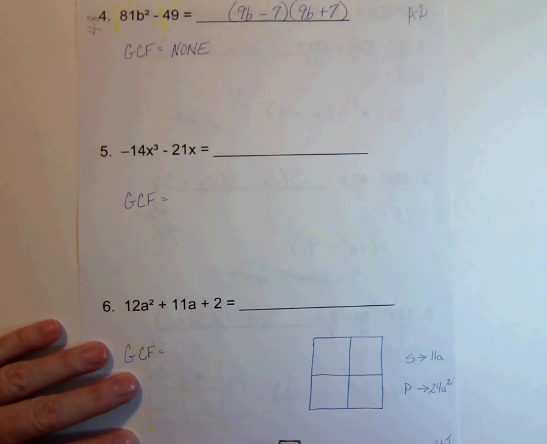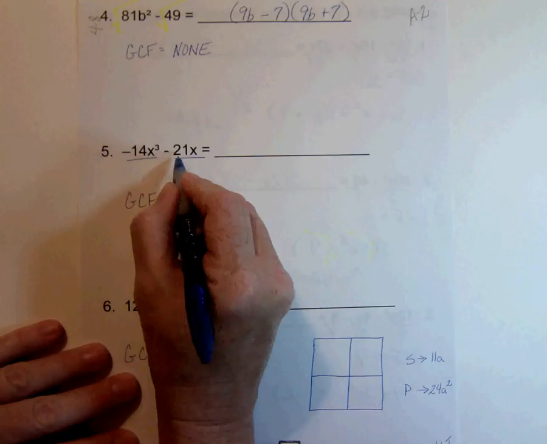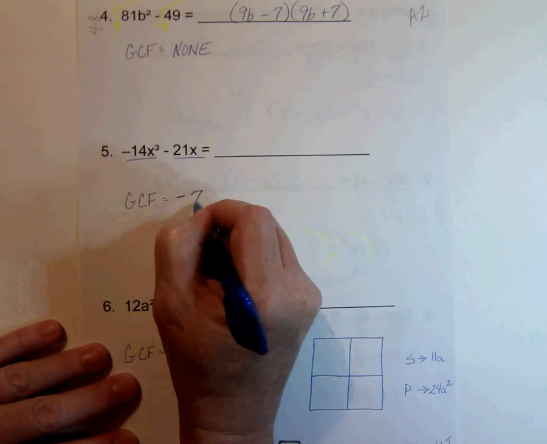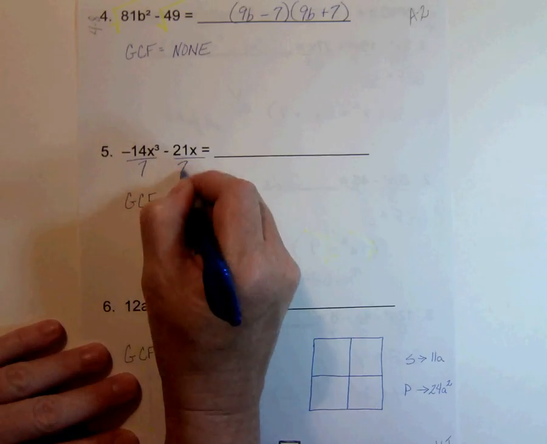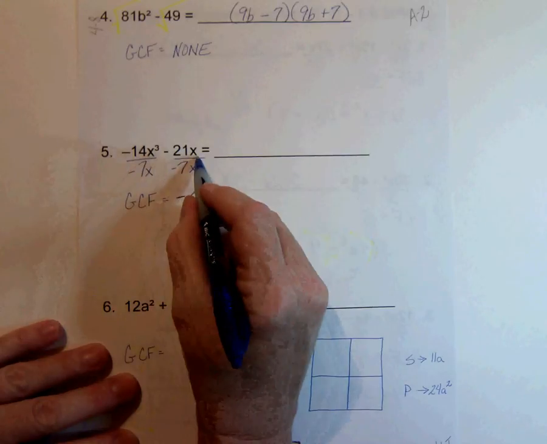For number 5, the greatest common factor we can find, 14 won't go into 21, and make sure you take the negative with it. A negative 7 would, and also an x, because there's a common x in both terms.